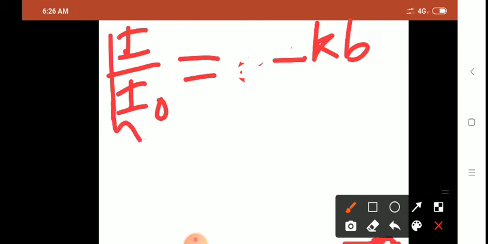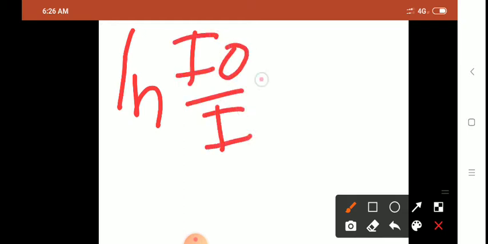Now when you change the base and remove this minus sign, it becomes ln I0 upon I is equal to kb. Now we change this ln to log to the base 10, so you have to put 2.303 log to the base 10 I0 upon I is equal to kb. That is the expression for Lambert's law. For the expression of Beer's law, instead of b we take c. You combine the two laws and it becomes log of I0 upon I is equal to abc.